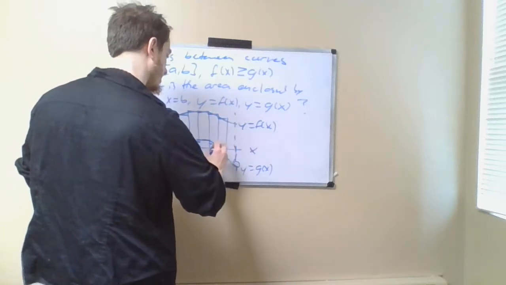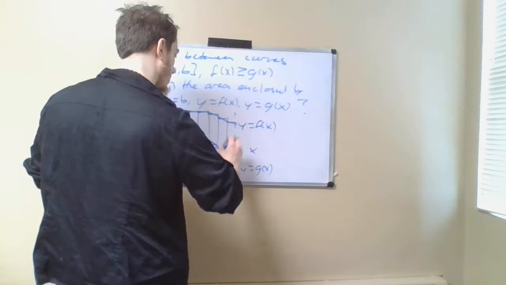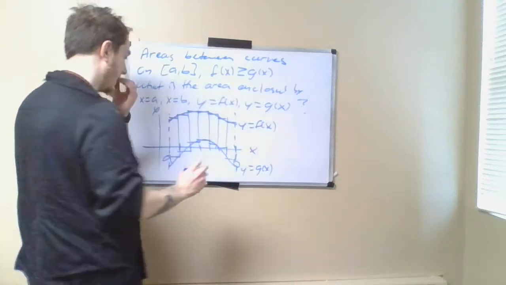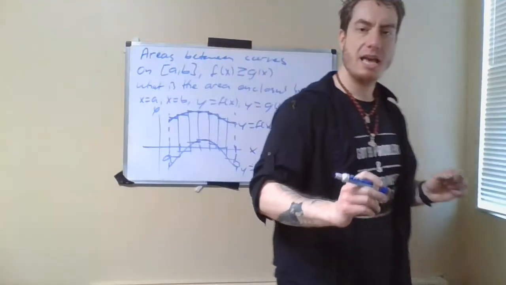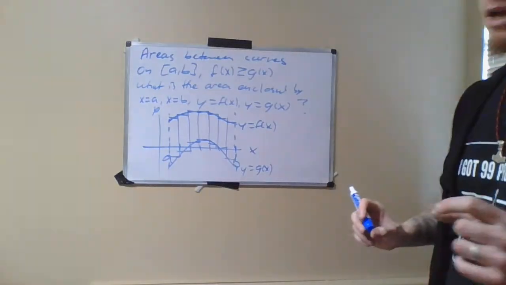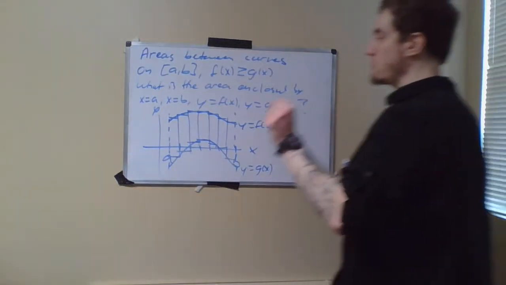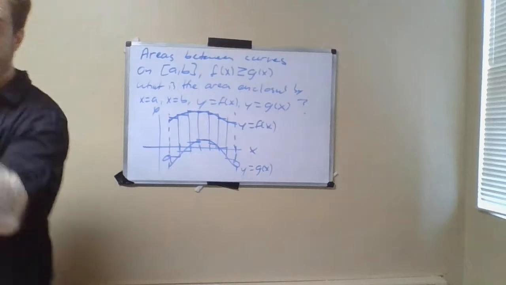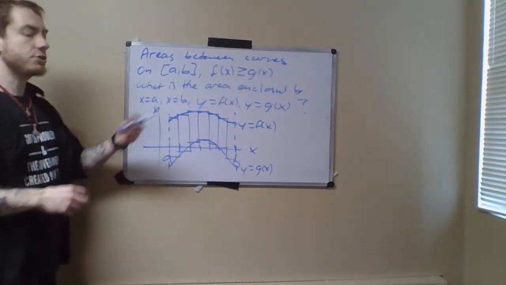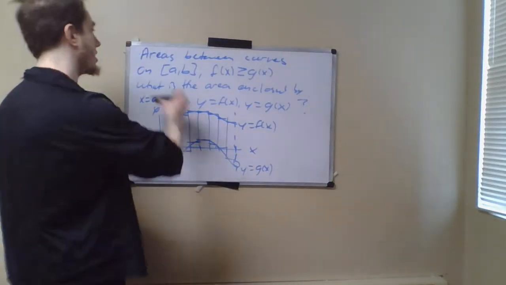And there's my approximation. And then what am I going to do? Well, I'm going to see what happens in the limit as I make these approximations better and better by taking the width of the rectangles to be smaller and smaller. Well, this is just a Riemann sum, but what Riemann sum is it?